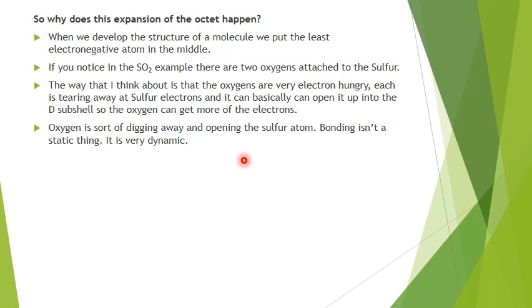The outside atoms are really attacking to take care of their desire for electrons. Same thing we talked about in the last PowerPoint. So it's a really dynamic thing. It's not just putting atoms together and putting dashes and dots. There's a whole dynamic taking place when you form a bond.